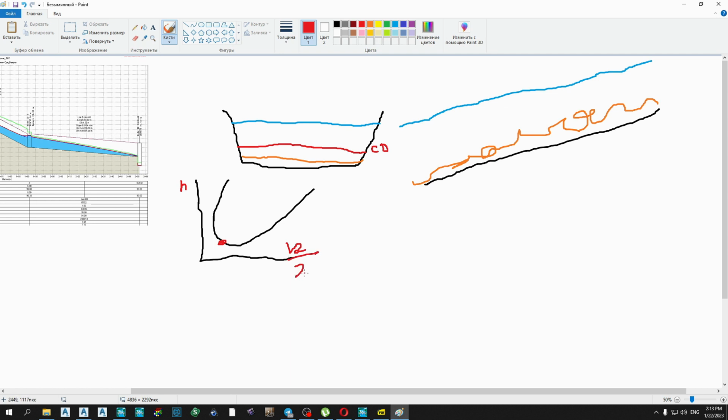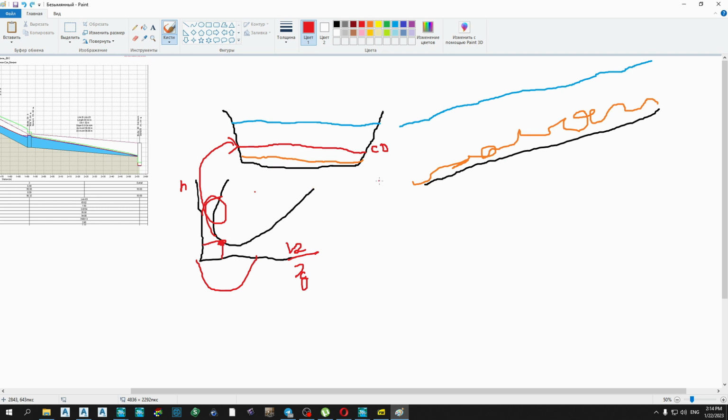In x we have v squared over 2g, this is kinetic energy, and potential is h, the height, the depth of our cross section. And the critical depth is a red line. It's the theoretical depth when this point of energy is minimal.